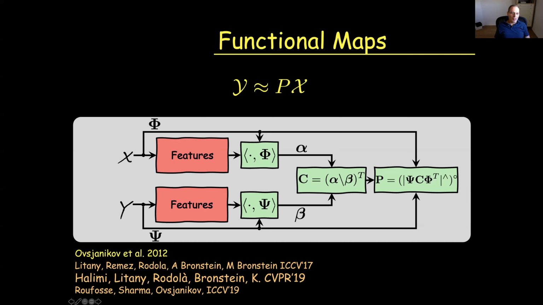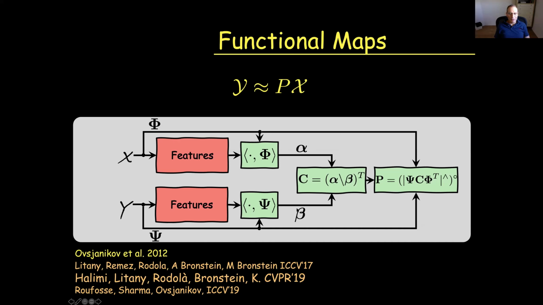Okay, so what is the idea behind functional maps? You take your surface and you compute corresponding features for surface S and surface Y. So before it was S and Q, now it's X and Y. And you also compute, for example, the eigenfunctions of the Laplace-Beltrami operator of X and Y. Then you project the features onto the eigenfunctions and you get this matrix of numbers alpha.